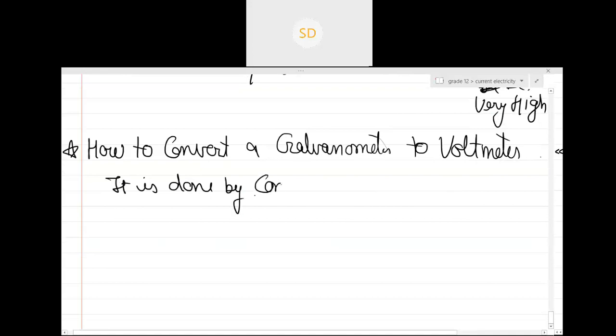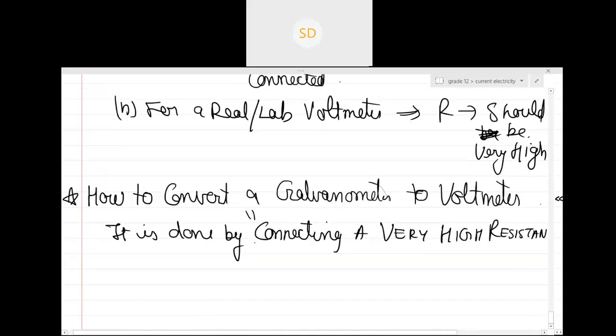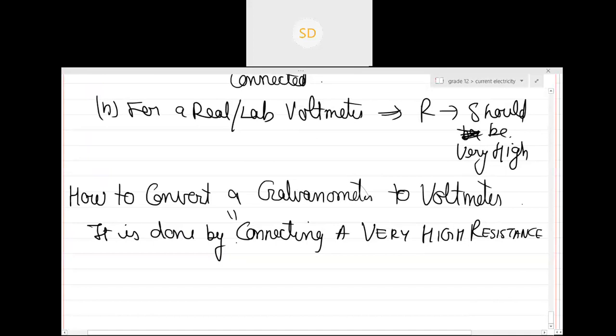It is done by connecting a very high resistance in series with the galvanometer.